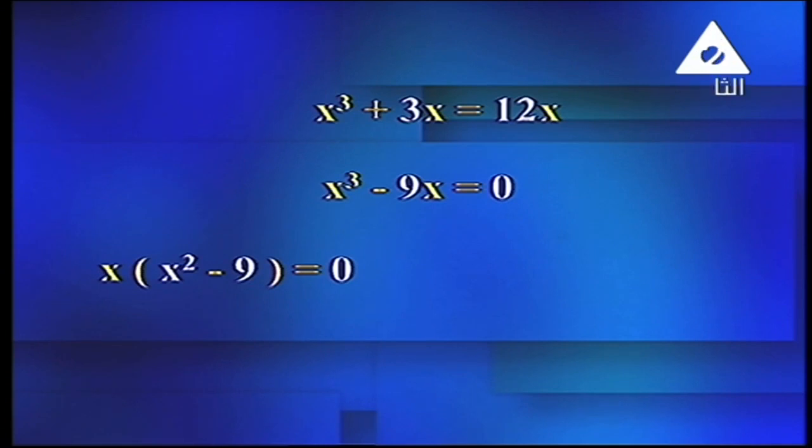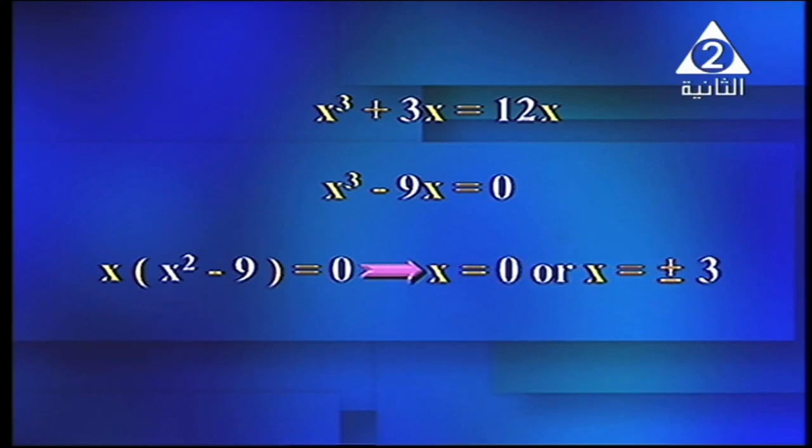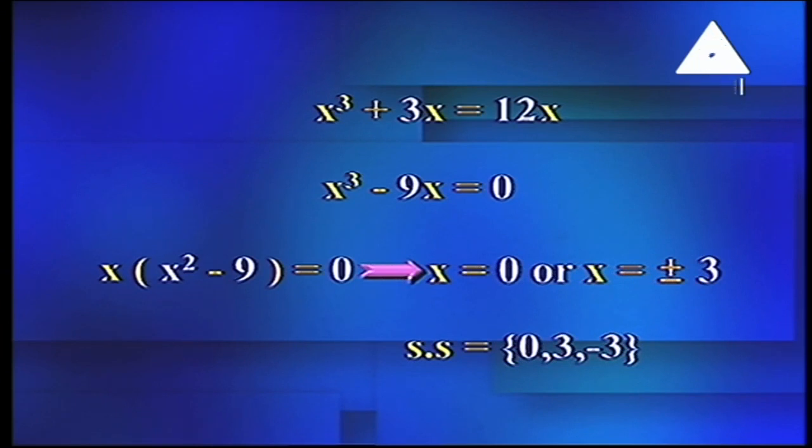By using the solution set, x equals 0 and x equals positive or negative 3. Therefore, the solution set equals {0, 3, -3}. The value of x may be equal to 0, 3 or -3.